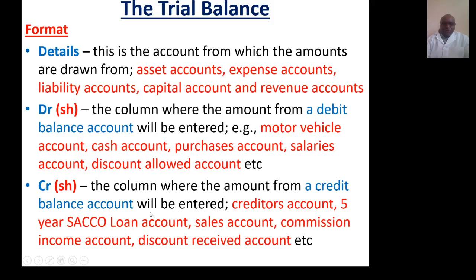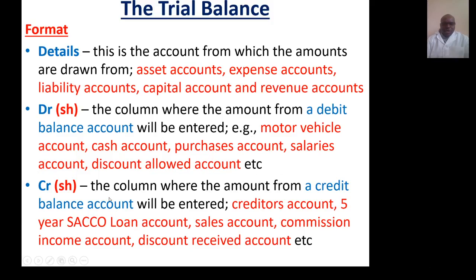Then we have DR column, the column where the amount from a debit balance account will be entered. For example, the motor vehicle account, cash account, purchases account, salaries account, discount allowed. These are asset and expense accounts.